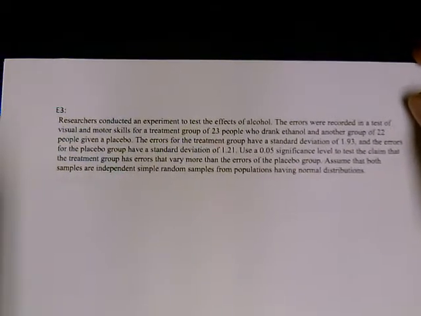Researchers conducted an experiment to test the effects of alcohol. The errors were recorded in a test of visual and motor skills for a treatment group of 23 people who drank ethanol and another group of 22 people given a placebo. The errors for the treatment group have a standard deviation of 1.93, and the errors for the placebo group have a standard deviation of 1.21.